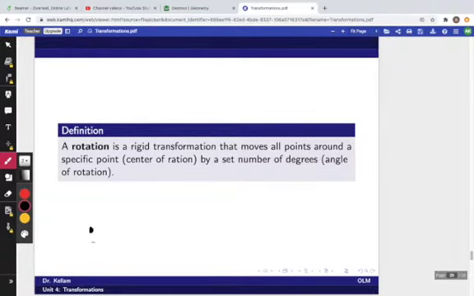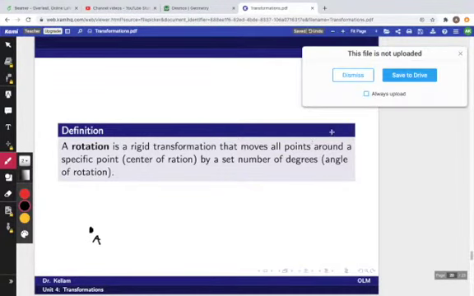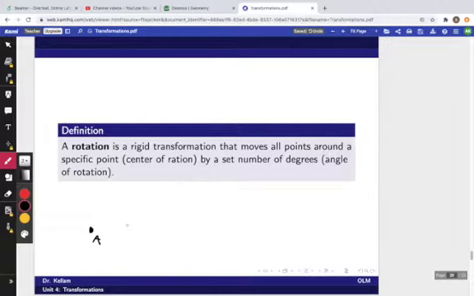Like we saw in the introduction to rotations video, we have a central point, which I'm going to call point A, and we have a shape, which for our purposes I'm just going to say is this point. And if I rotate it, let's say to here, that rotation has a specific angle measure, which I'm going to call x degrees.